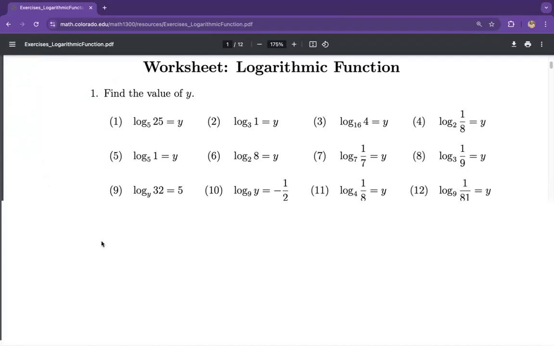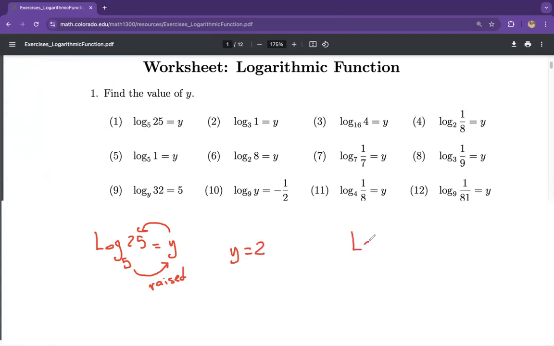Now, the first one, log base 5 of 25 equals y, and they want you to find y. We know when it's logs, it's this raised to this gives me this. And therefore, 5 raised to the power of 2 will give me 25, so y equals 2.